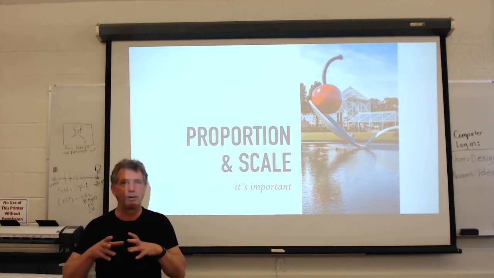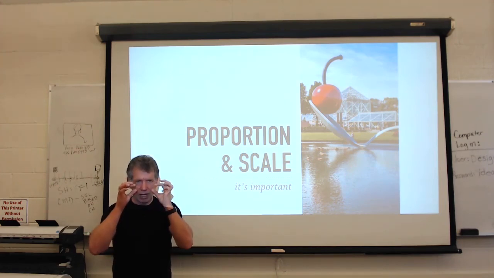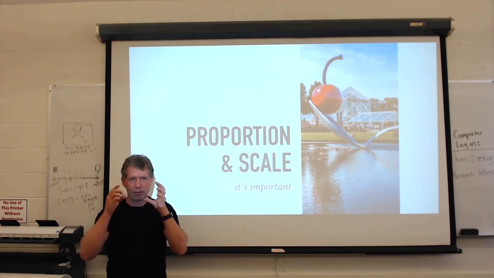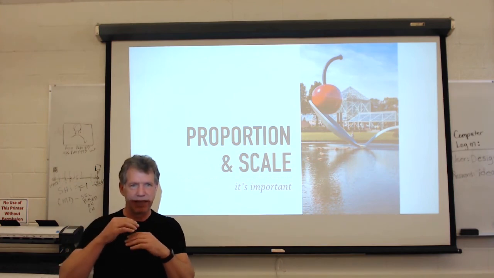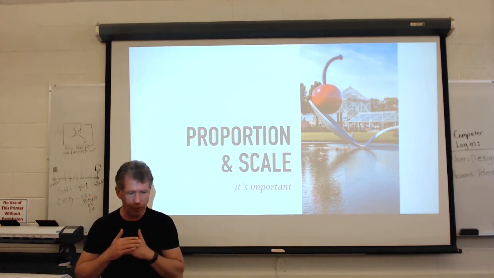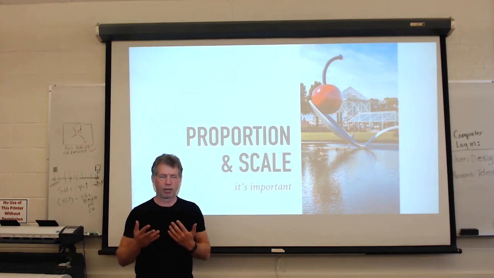Maybe the best way to put this is a smaller thing. For example, 2 eyes. Compare the 2 eyes to the face. If those eyes are too big, we know it's out of proportion because it doesn't fit with what the proportion should be. When you're drawing, if you make the eyes too large, it doesn't work.